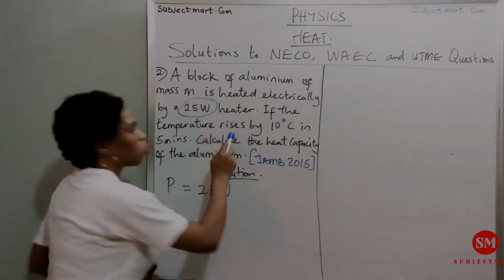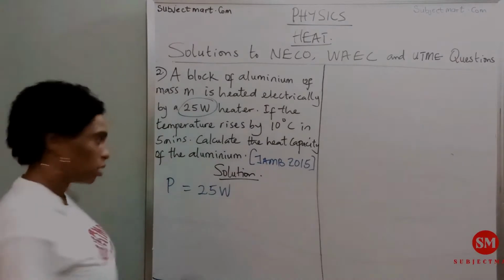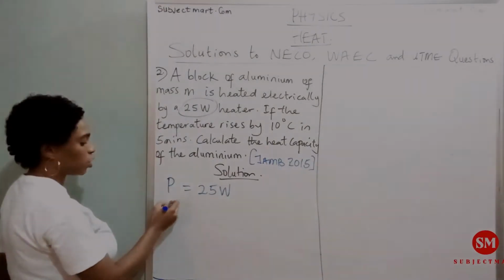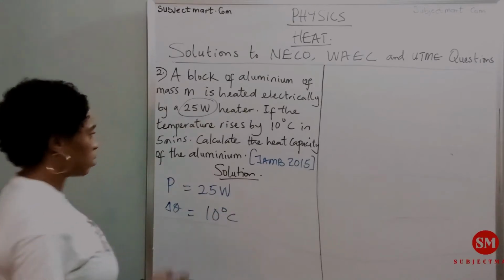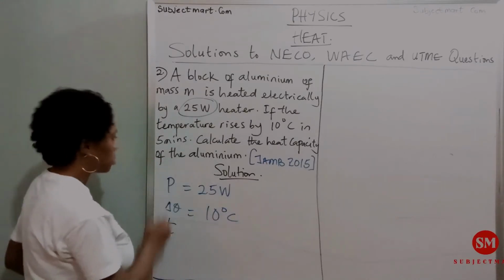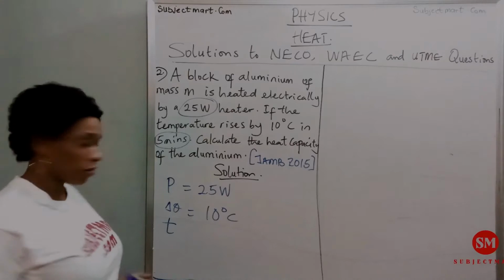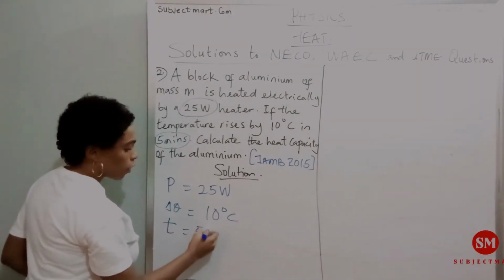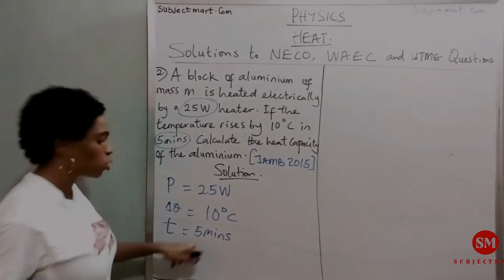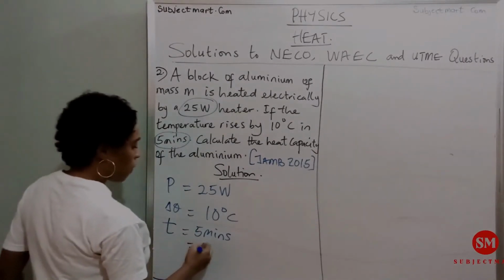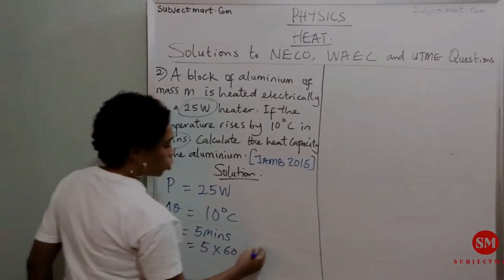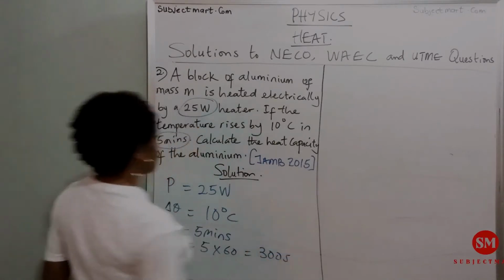If the temperature rises by 10 degrees C, that's the change in temperature, is equal to 10 degrees C in 5 minutes. The time is 5 minutes. Don't forget that we work in seconds. So I'm going to convert 5 minutes to seconds, and that will be 5 times 60, which equals 300 seconds.